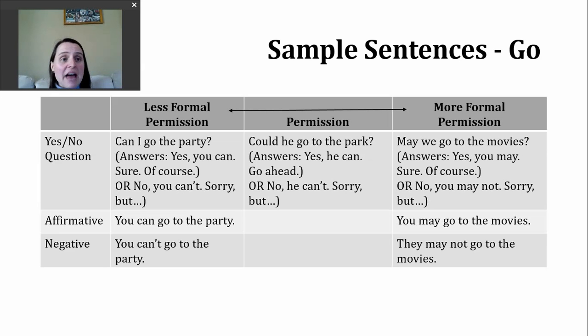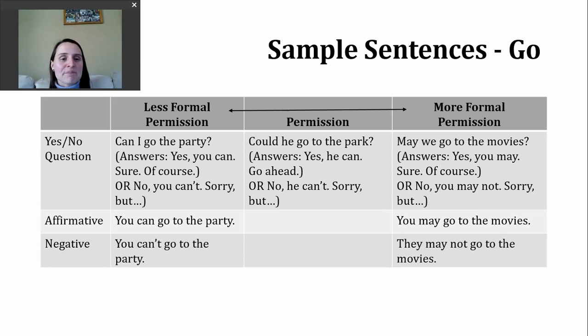And we're going to start on the left side and start with less formal permission. Okay? To make a question with less formal permission, we're going to use the modal can. So we'll have can, then we'll have our subject, and then the base verb. Okay? So you can see I've created the question here, can I go to the party?